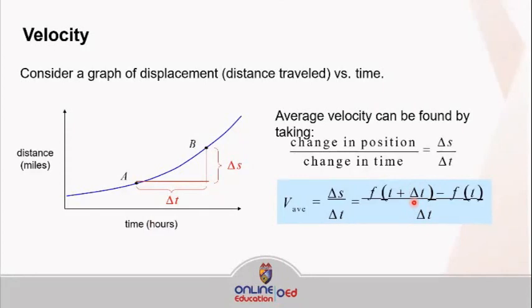For velocity, we need to graph the displacement, or distance traveled, versus time. In the given graph, x is the time, or hours, and y is the distance, or miles. If you notice in this graph, it is almost similar.